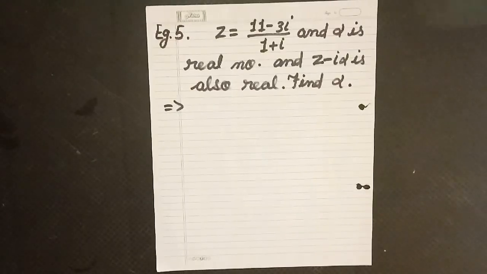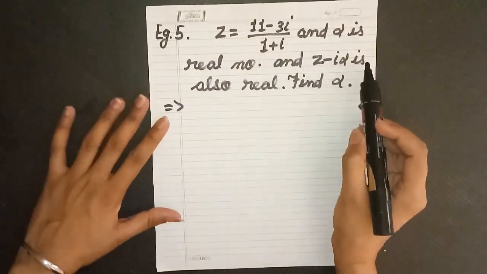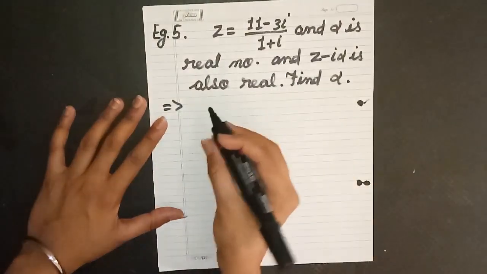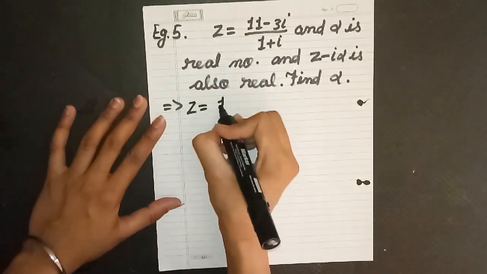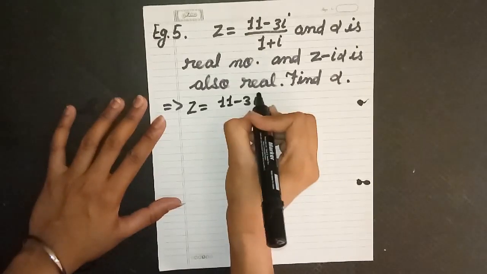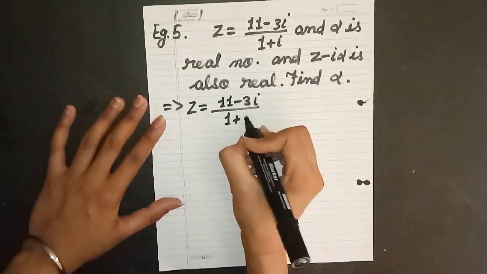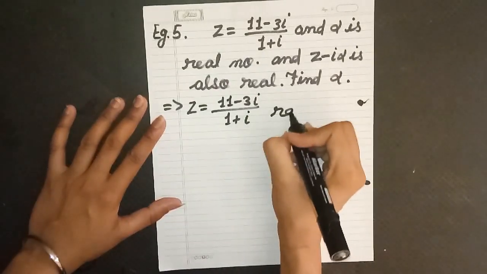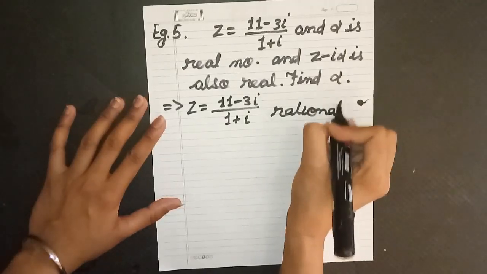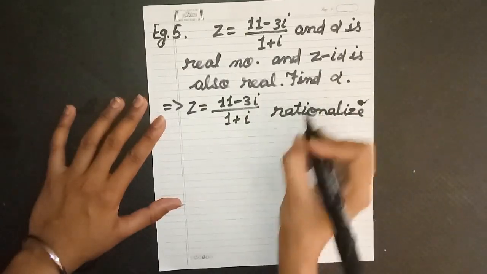Let's take example 5. Z is equal to 11 minus 3 iota by 1 plus iota, and alpha is a real number, and Z minus iota alpha is also real. Find alpha. Now Z is equal to 11 minus 3 iota by 1 plus iota. So let's rationalize this value. You know how to rationalize.